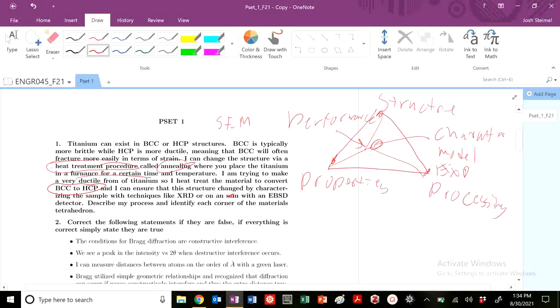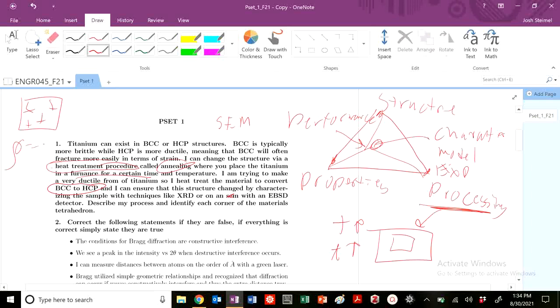So, what's happening here? Well, we said that we are going to do a process called annealing, where we put the material in a furnace at high temperatures for long times, and that is going to reduce the dislocations. Before I anneal it, the material has lots of dislocations, a high dislocation density.